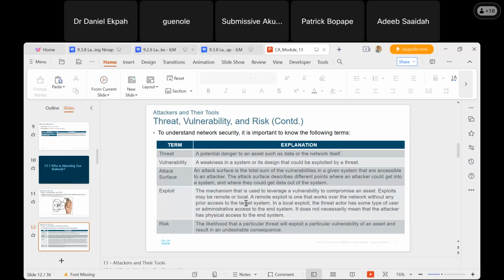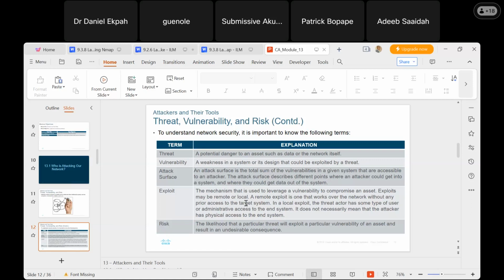So the next is risk. The likelihood that a particular threat will exploit a particular vulnerability of an asset and result in undesirable consequences is referred to as risk. So once you have the likelihood that this particular threat will exploit a particular vulnerability, here you can see there's a threat, and the threat is the potential danger, like we said, such as our data.